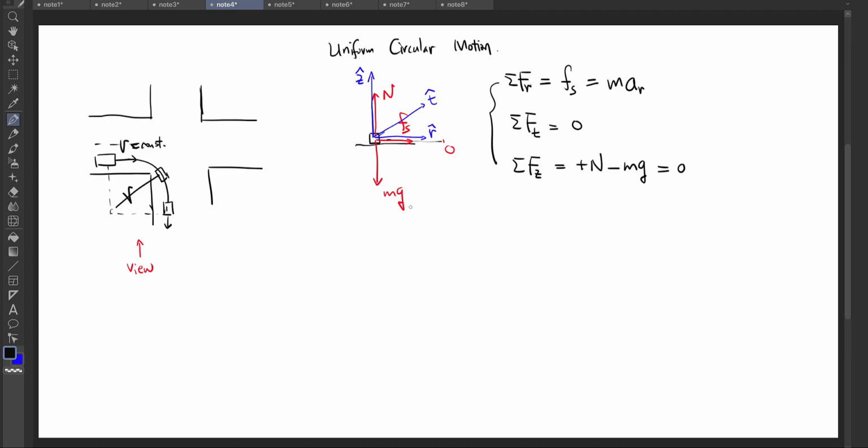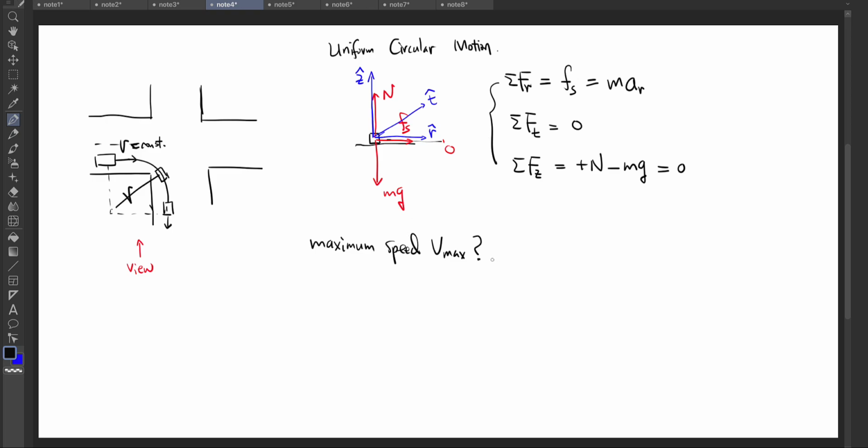Okay, so that's the equation we should write down. And then usually the question will ask you, let's think about this problem, what is the maximum speed, v_max, that this car can use to turn a corner? Okay, so what's this v_max?